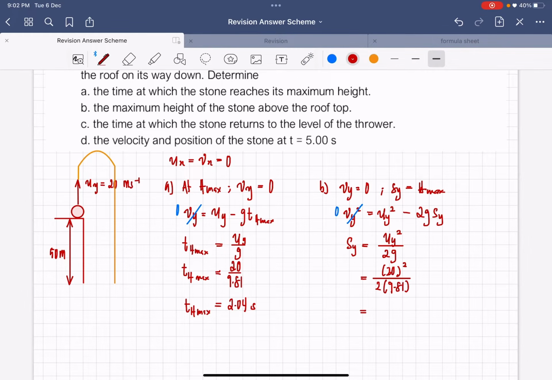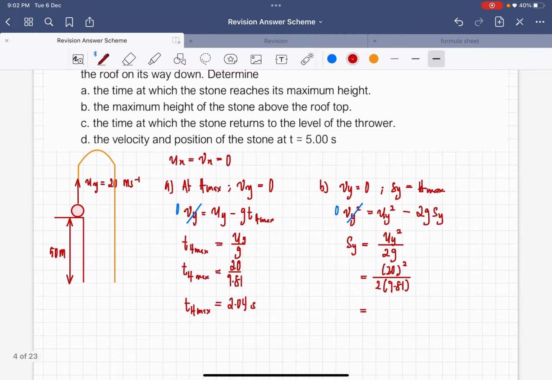So 20 squared over 2 times 9.81 is equal to 20.39 meter. Okay, so that is the maximum height above the rooftop. So it's not the whole displacement in the y component, it is just the maximum height above the rooftop.